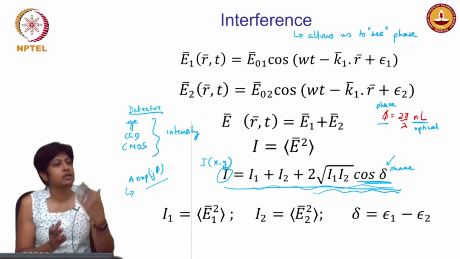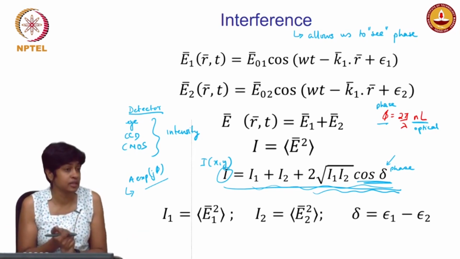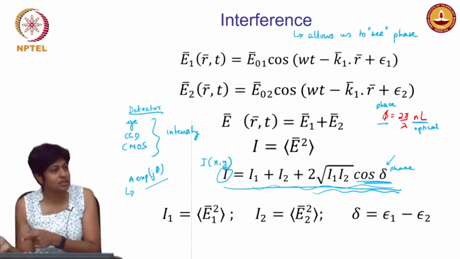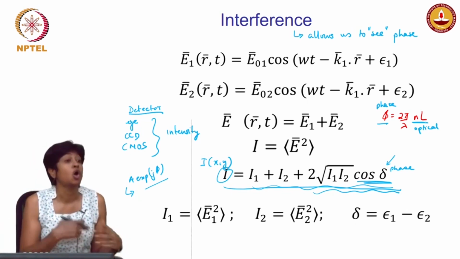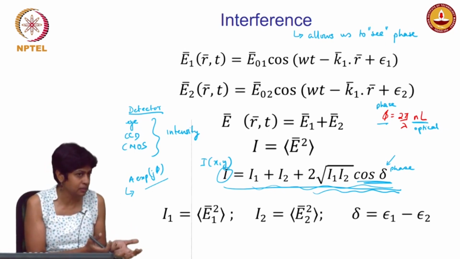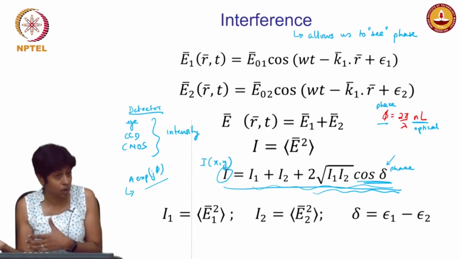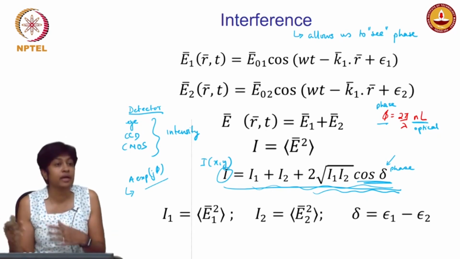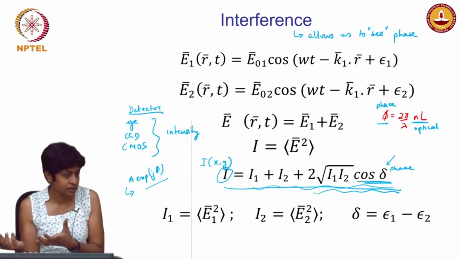If I want to use this to measure the refractive index of some unknown medium, I then need to know the thickness of that medium, and then I'll be able to calculate the value of n. Or I might know the refractive index of that medium and want to find the optical thickness, and therefore I would substitute n and find L.